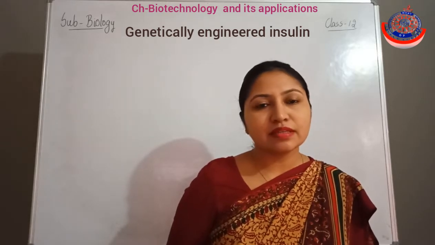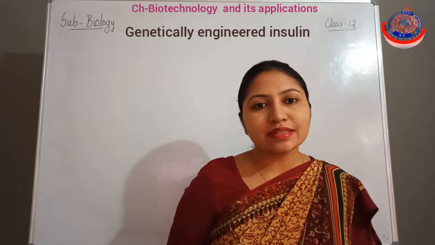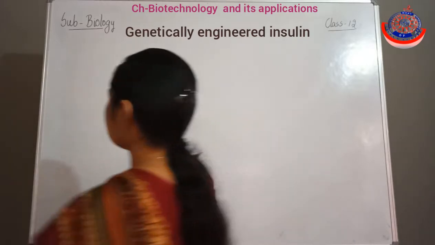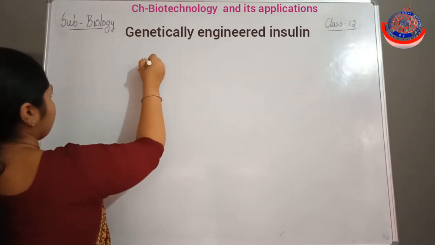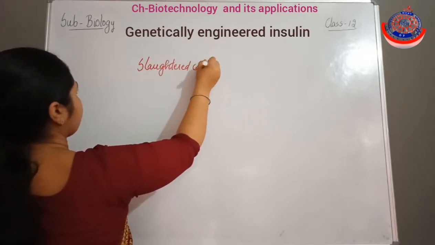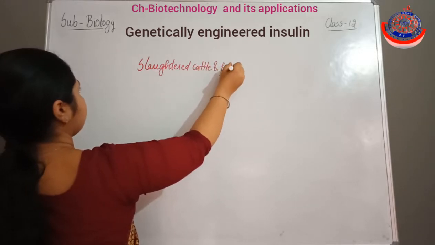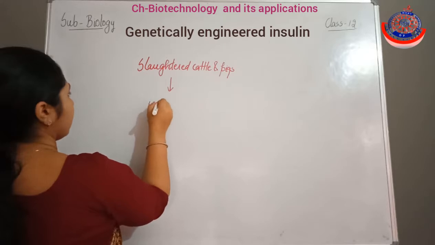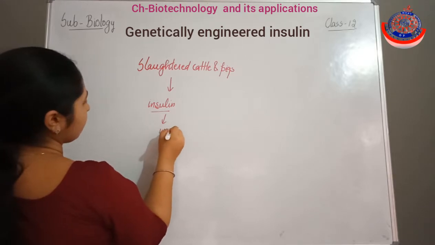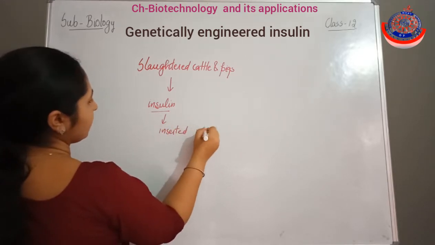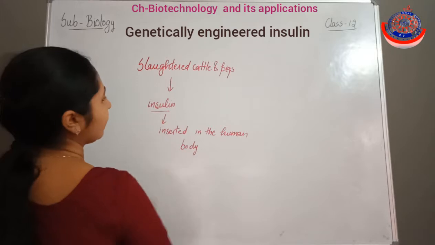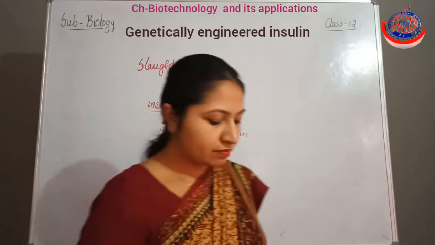In earlier times, insulin was isolated from slaughtered cattle and pigs, but it caused allergy in patients. When insulin from slaughtered cattle and pigs was isolated and inserted in the human body, it showed allergy.